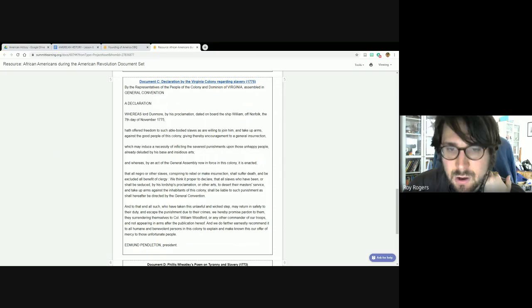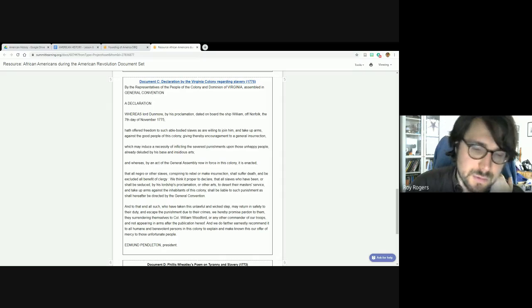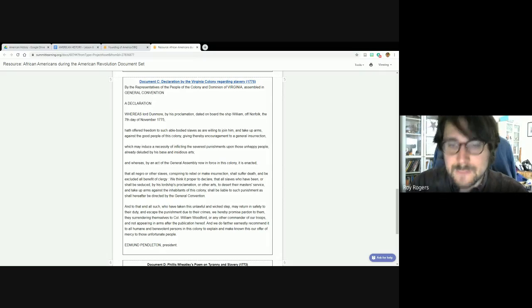And to that end, all such who have taken this unlawful and wicked step may return in safety to their duty and escape the punishment due to their crimes. We hereby promise to pardon them, they surrendering themselves to Colonel William Woodford or any other commander of our troops, and not appearing in arms after the publication hereof. And we do further earnestly recommend it to all humane and benevolent persons in this colony to explain and make known that this is our offer of mercy to these unfortunate people. And this was signed by Edmund Pendleton, the president.